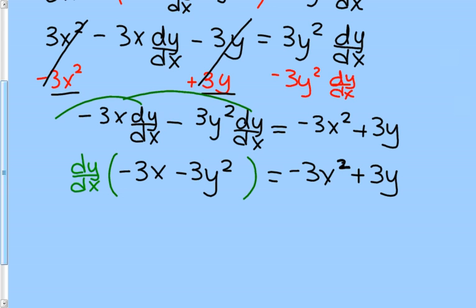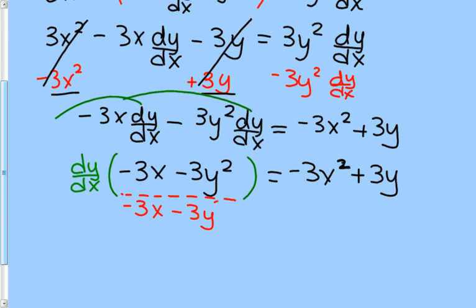Okay, next job in the isolation process is to totally get rid of the numbers that are with the dy dx, and that requires division. I'm going to divide this term away. And I'm going to divide it from both sides, right? Because that's what we do. That's what algebra does.